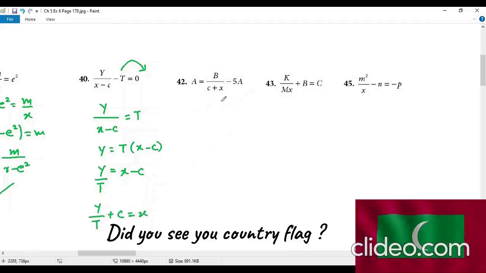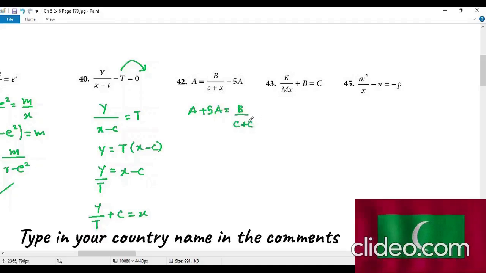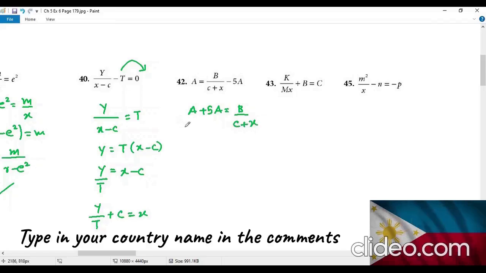Now when it comes to a question like this, you can see capital A on both the sides. So what we will do is a plus 5a equals b over c plus x. Now we know very well that c plus x is dividing this side, other side it will go and multiply.